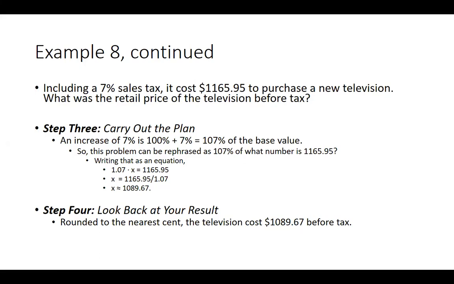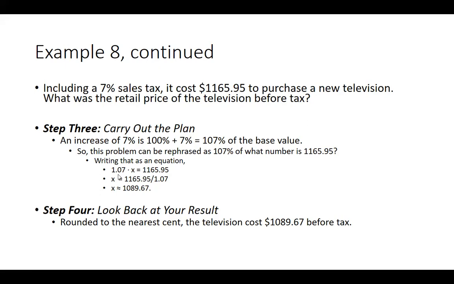So this problem can be rephrased as 107% of what number is 1,165.95. Writing that as an equation, 107% would be 1.07 times x equals 1165.95.